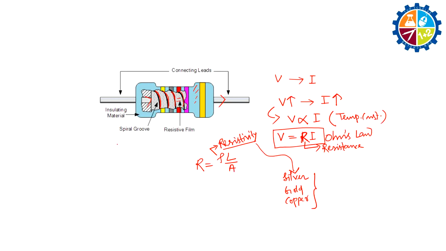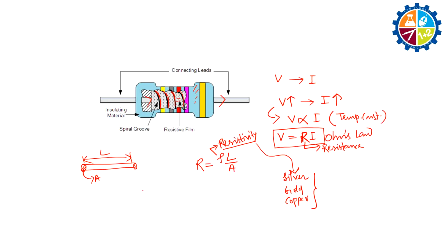Let's say I have a resistor and the length of the resistor is L and the area of cross section is A. Then I can obtain the value of resistance by dividing the length by the area and multiplying by the resistivity.